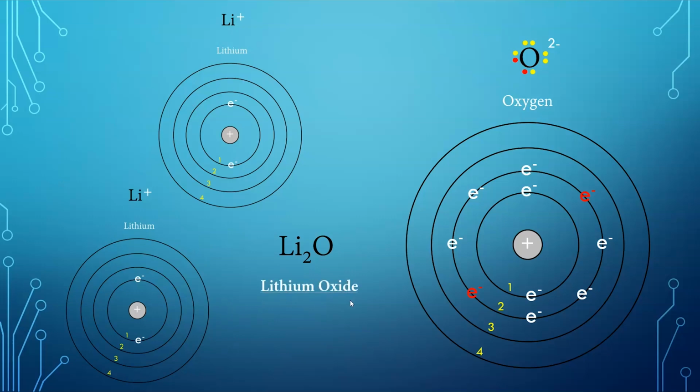Now some people wonder, well, shouldn't we call it dilithium oxide because there's 2 of them? We don't have to do that. There's a simple reason we don't do it. How many different combinations could you come up with of lithium and oxide ions in which the positive and negative charges balanced? Could we have 3 lithiums and 1 oxide?